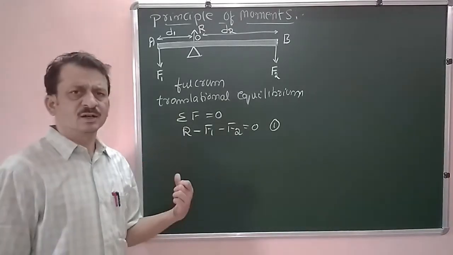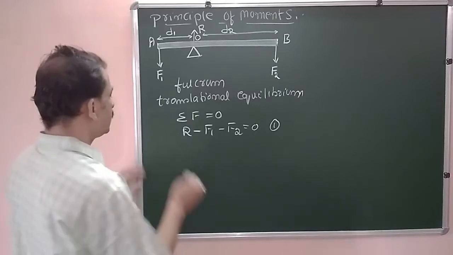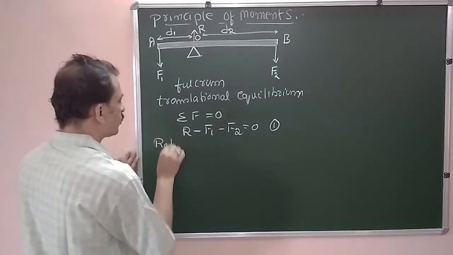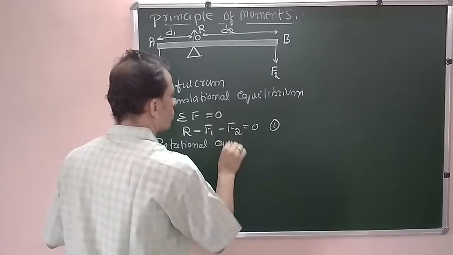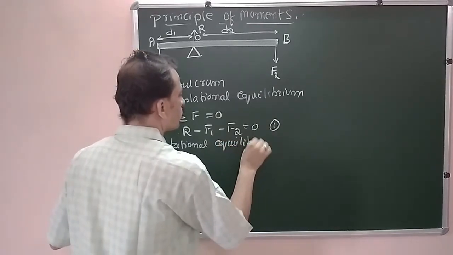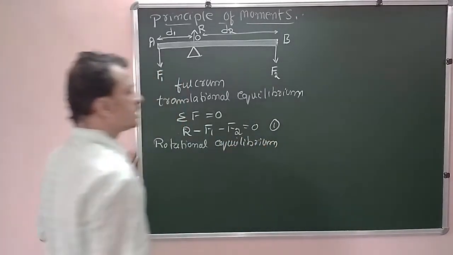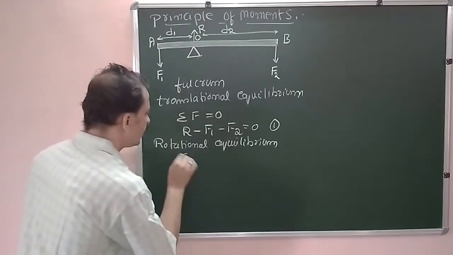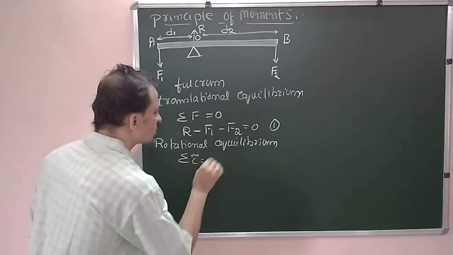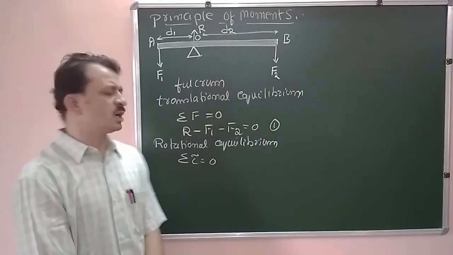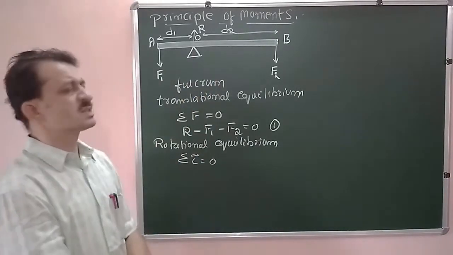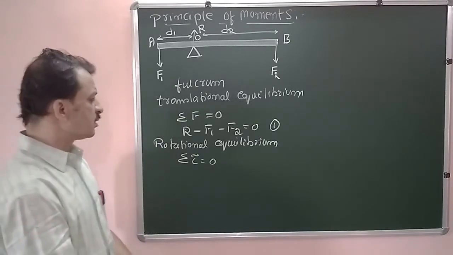Now the lever is in rotational equilibrium if the vector sum of torque or moment of force acting on the lever system is equal to 0.